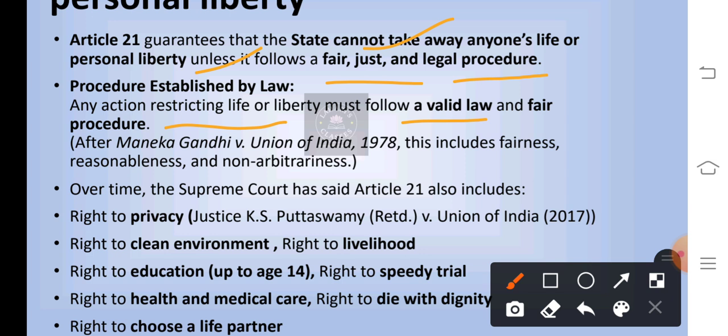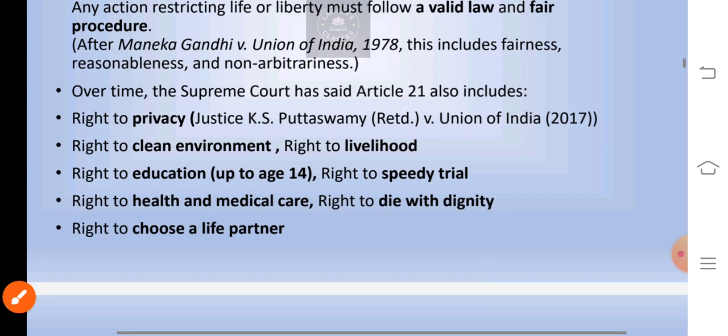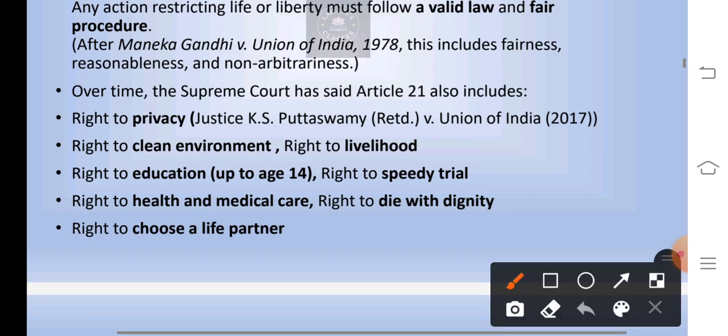In the Maneka Gandhi case, the court has said that Article 21 should not be taken away, and that if it is, the procedure should be fair, reasonable, and non-arbitrary. Over time, with multiple judgments, the Supreme Court has included so many rights under Article 21.